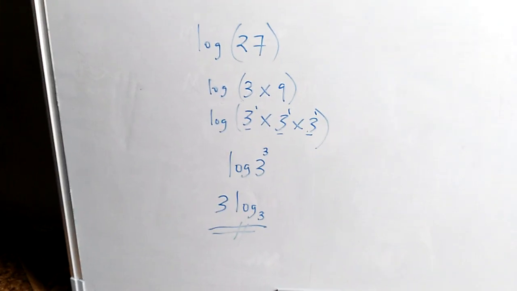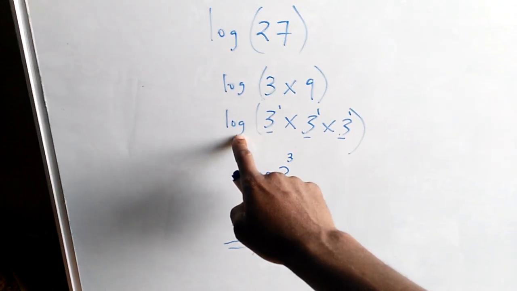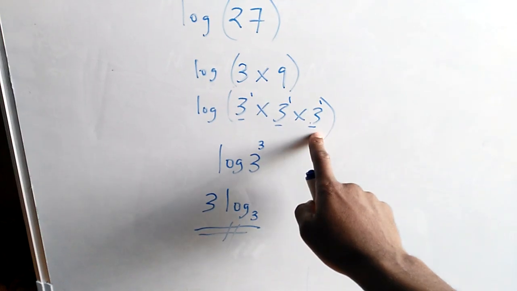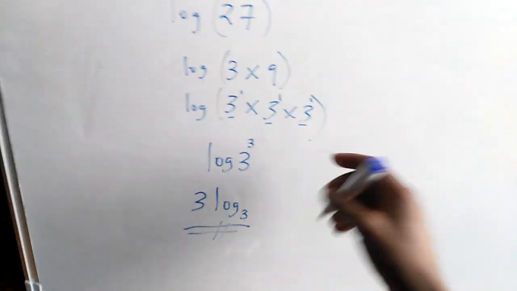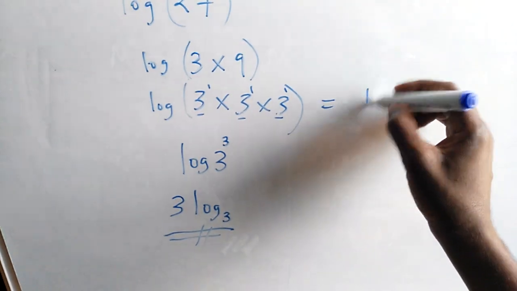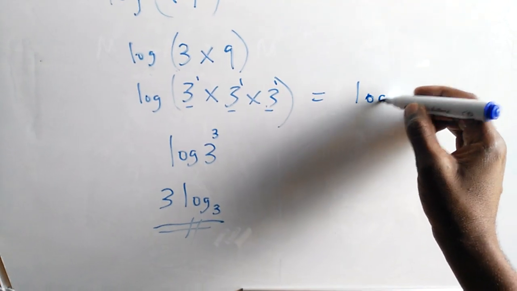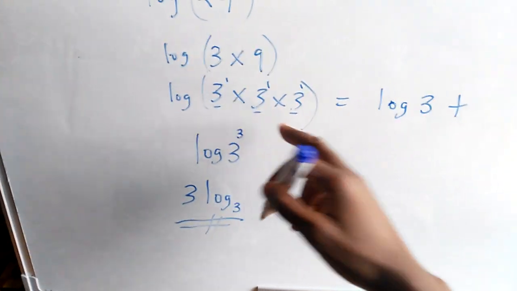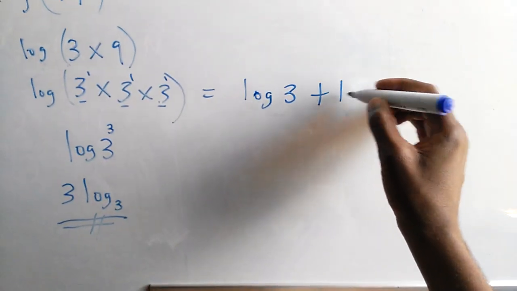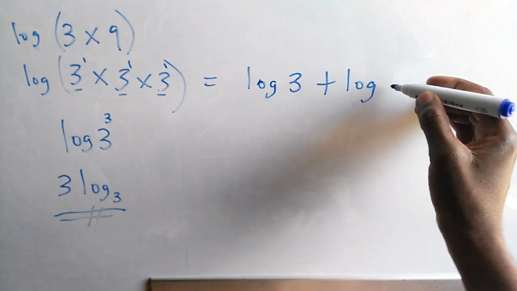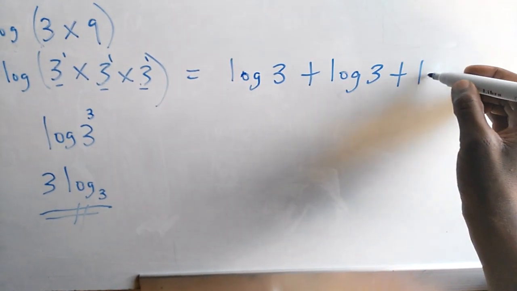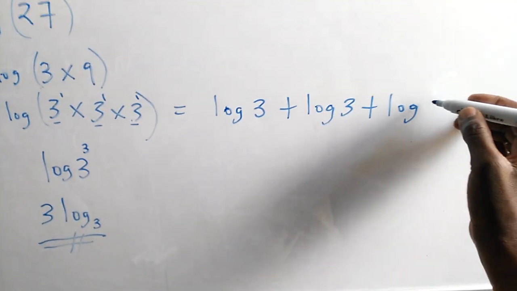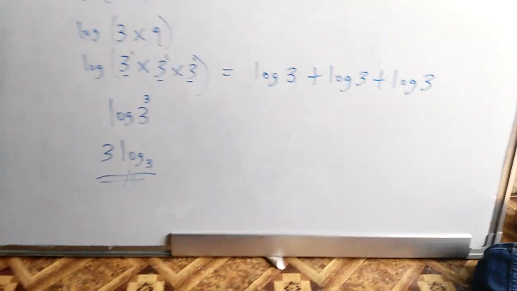Others will say, no, it's the same as saying the logarithm of 3, the logarithm of 3, the logarithm of 3. And then since we are multiplying, we just add. Here there's a multiplication sign because of the rules of indices, so we add logarithm of 3 plus logarithm of 3 plus logarithm of 3.